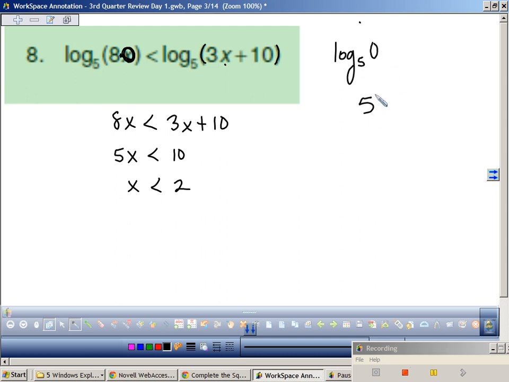Can 5 to what power equals 0? 5 to the 1 equals 0? 5 to the 0 equals 0? No, it doesn't. Equals 1. So I'm asking you again, can x be 0? No, it can't. There's your answer.